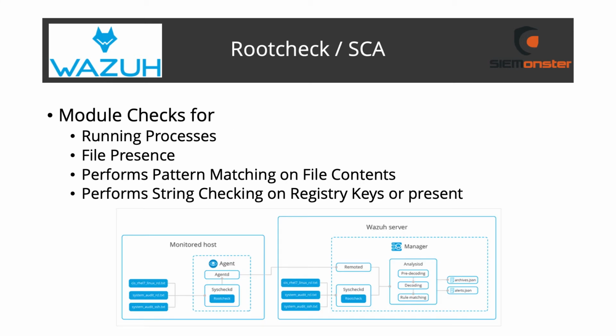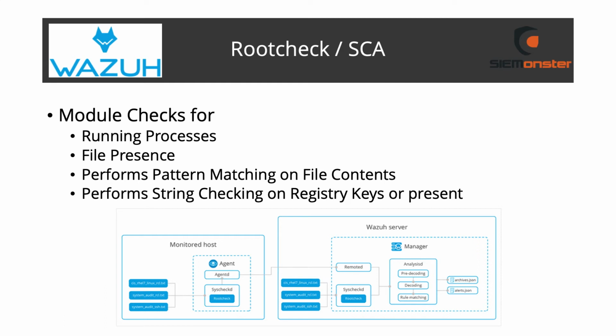The module checks for running processes, file presence, pattern matching in file contents, and string checking on registry keys, or whether they're present or not. This is a part of the Rootcheck and the SCA modules, and it indicates the flow of what is being checked.